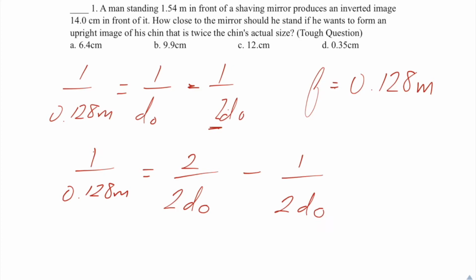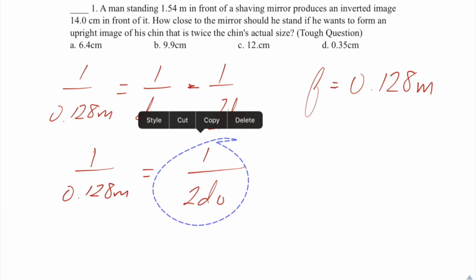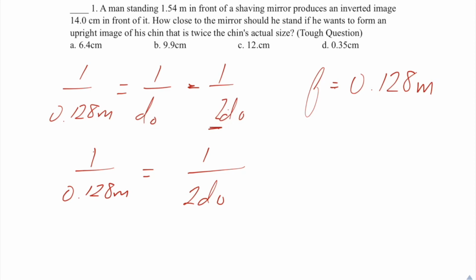The next step would be to subtract the fractions from one another, and that would give us 2 minus 1 over 2 d_o, so that would be 1 over 2 d_o, the distance of the object. And then from there, all we've got to do is cross multiply. So we cross multiply, and we get 2 d_o is equal to 0.128 meters.